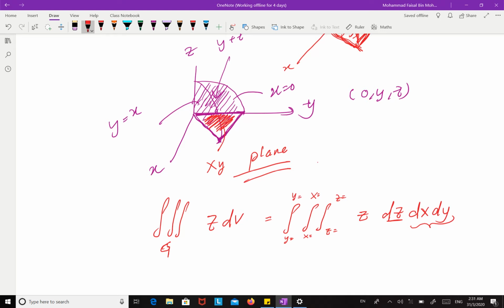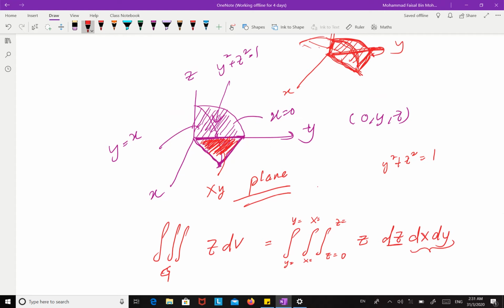So this z should be at the bottom. The lowest bound is 0. So how to find the upper bound of z? They gave you y squared plus z squared equals 1.